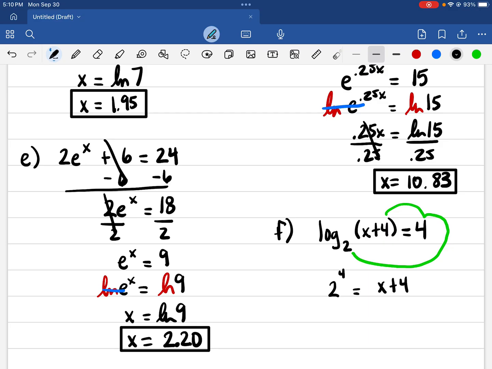That is something that we can actually figure out what it equals. All right, and then it's going to be just a simple linear equation at that point solving for x. So 2 to the 4th is 16. And then we'll subtract 4 from both sides. And we get x is 12.